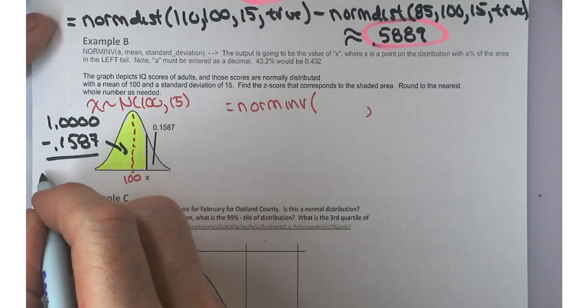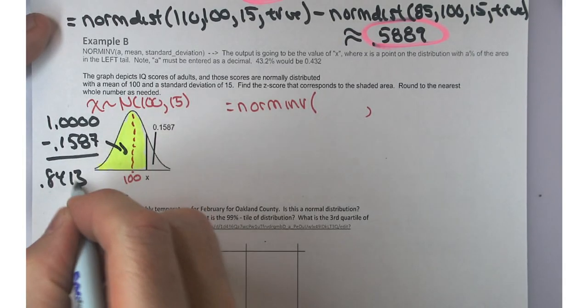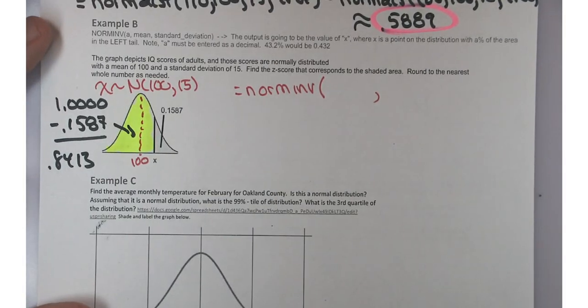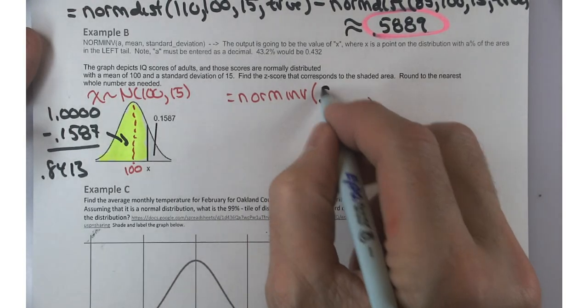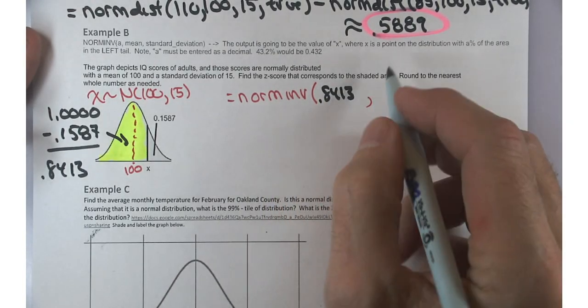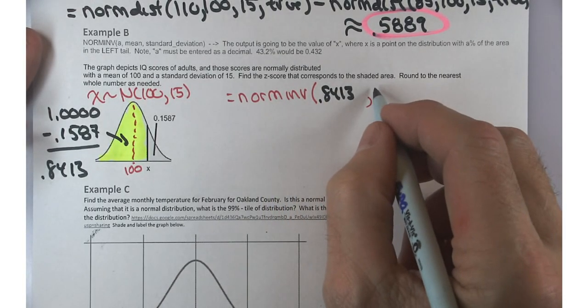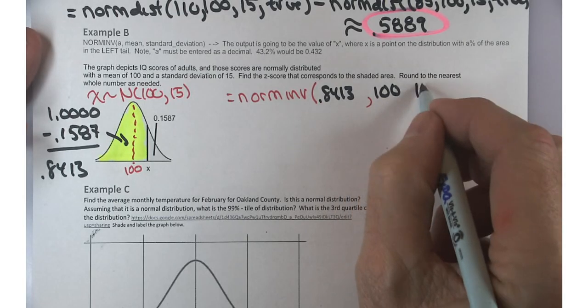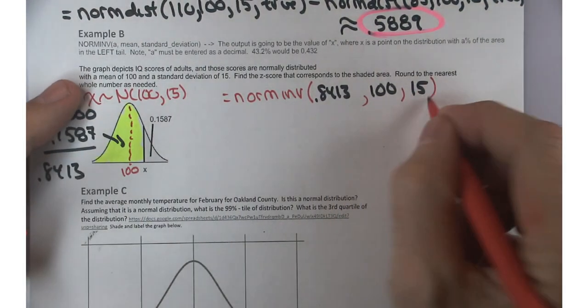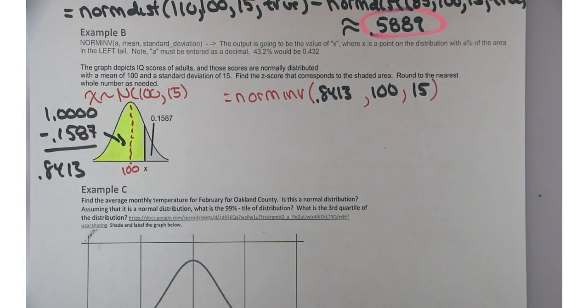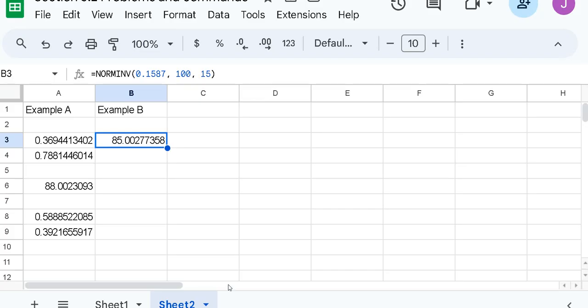That's going to be what, 0.8413? And that's what you're going to plug in: 0.8413, comma 100, comma 15. Mean, standard deviation. At the very least, it should give you something above 100. Let's see that that happens.